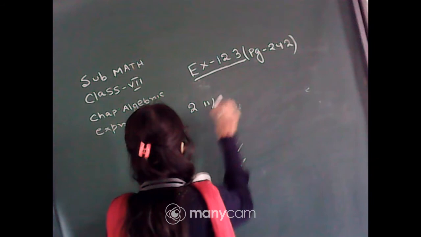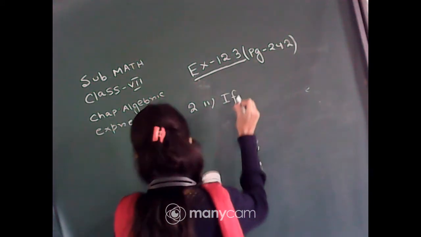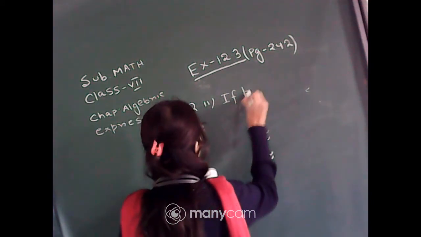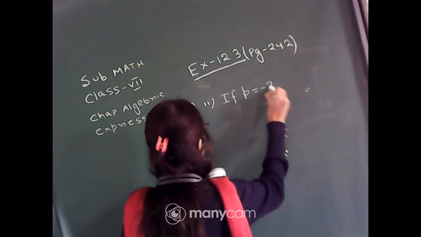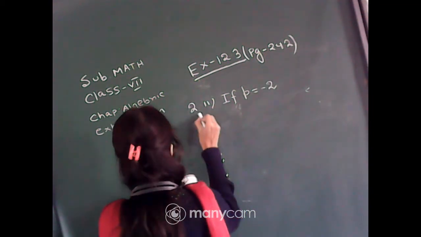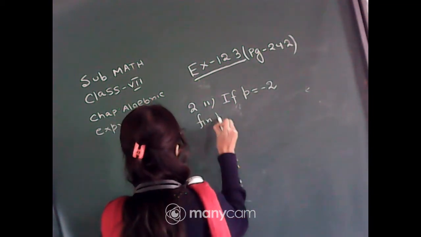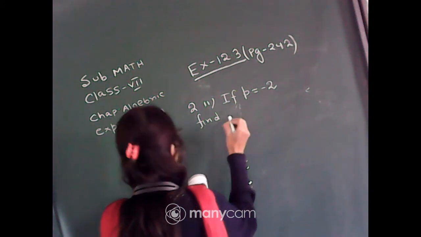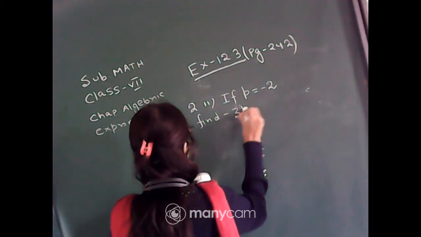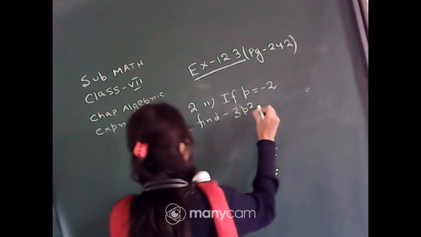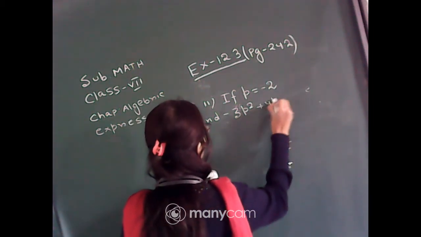If p is equal to minus 2, find the value of the expression minus 3p square plus 4p plus 7.